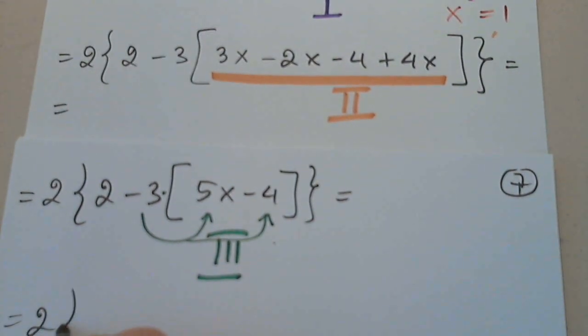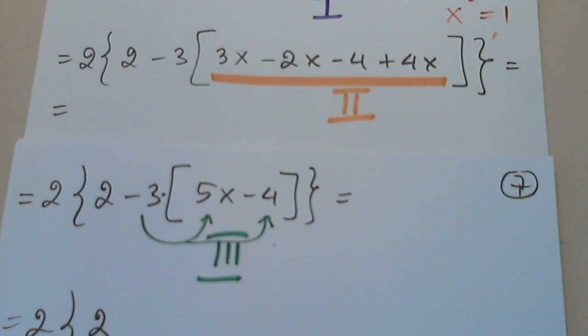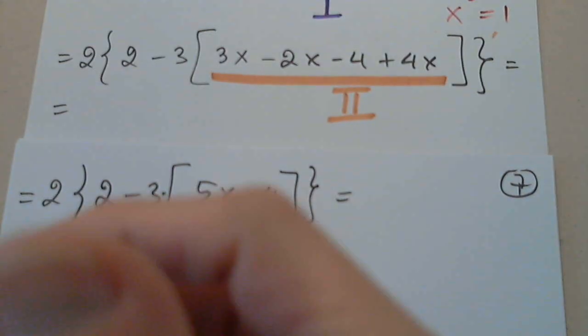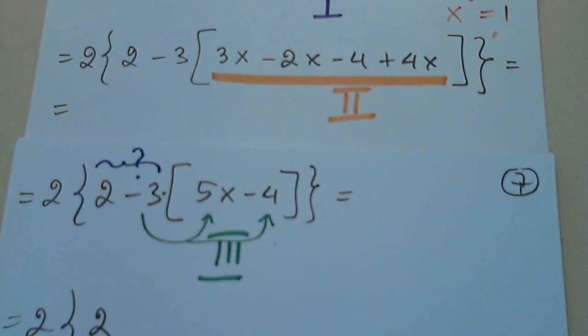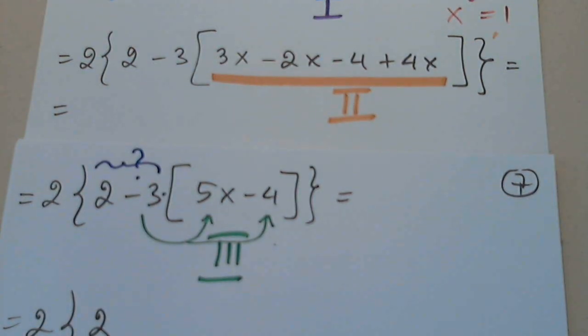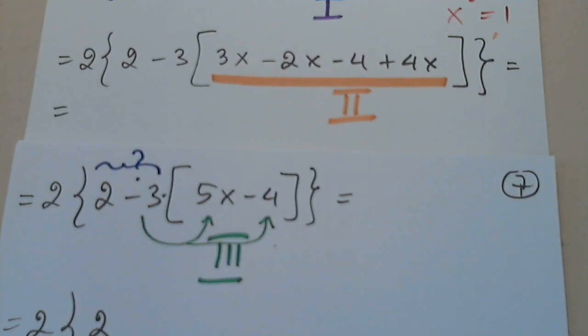So I have 2. Braces 2. Now, this is a question, how come that I'm not allowed to add these? I want to add 2 minus 3 or subtract 2 minus 3. Because you're factoring the 3.